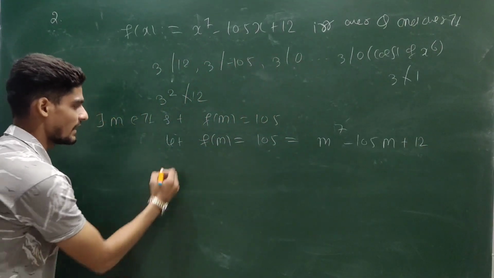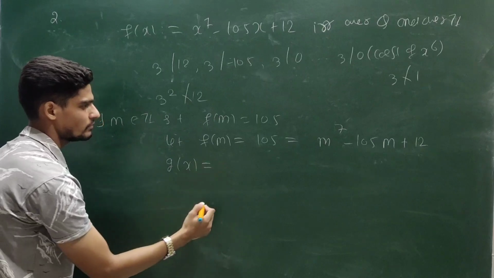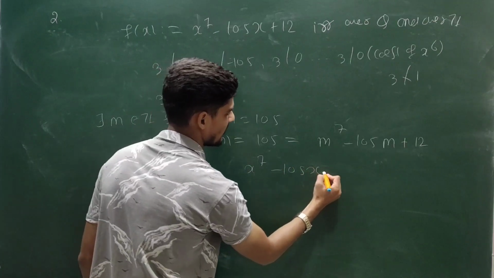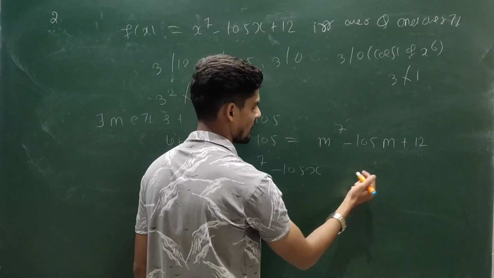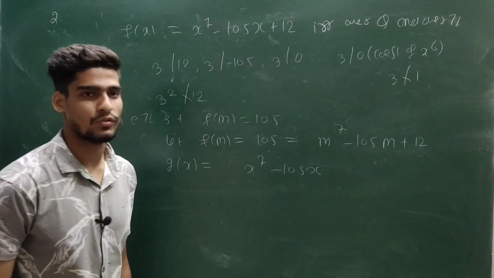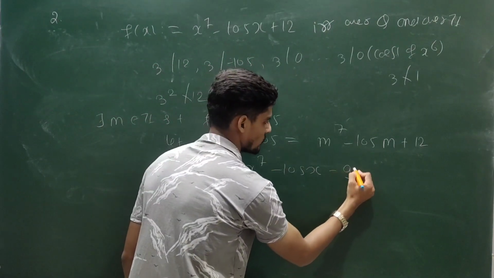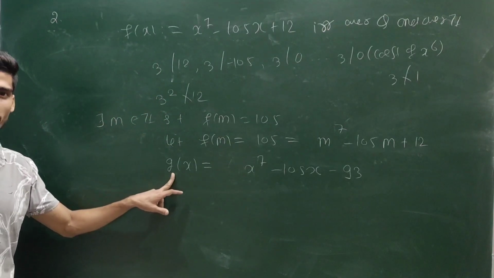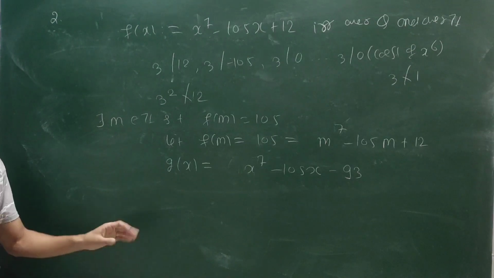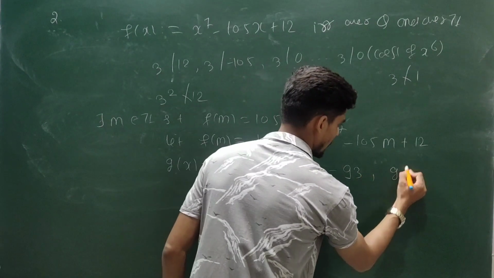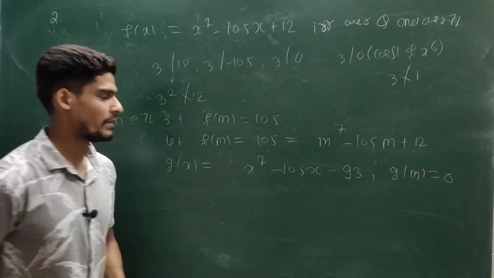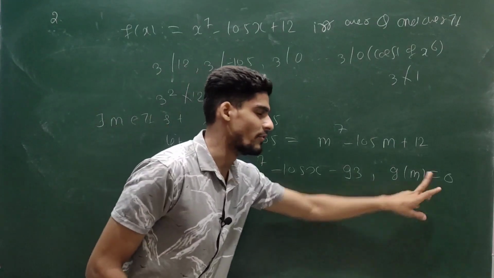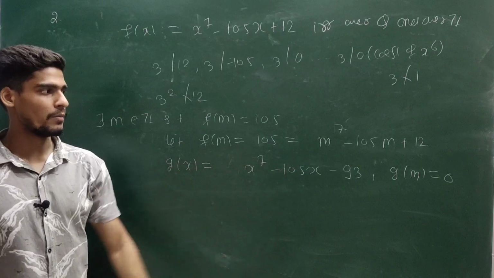I can define a new polynomial, say gx is equal to x power 7 minus 105x, and if I subtract 105 here, I am going to get plus 12 minus 105, that is, minus 93. That is correct. If I found any such integer m, I can define this polynomial, and I can see this g at point m will be 0. That means if you are taking any integer satisfying this property, I can construct g such that g of m will be 0. The way you are defining, your g of m has to be 0.